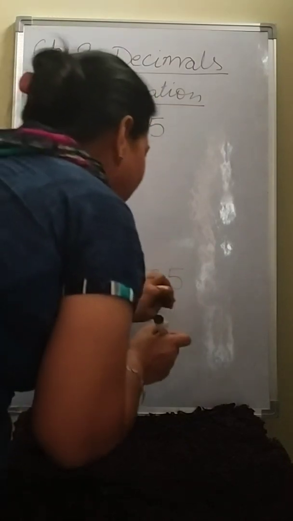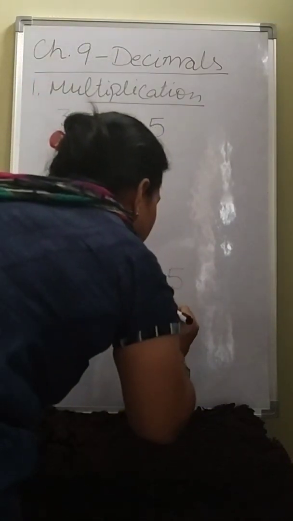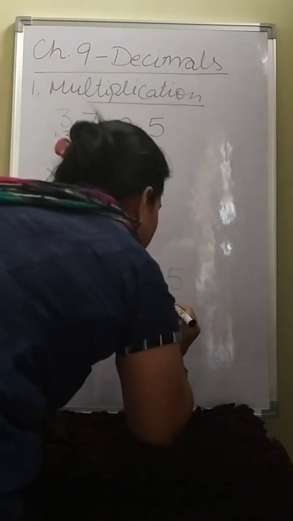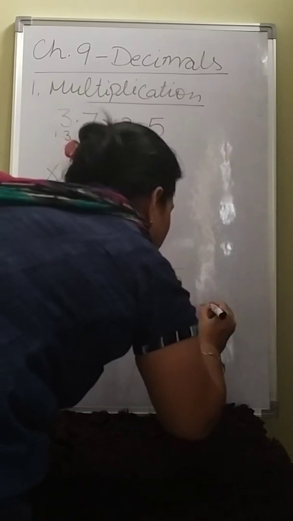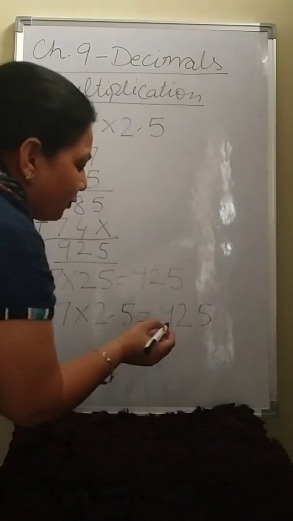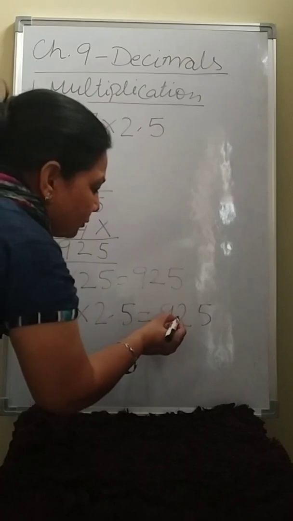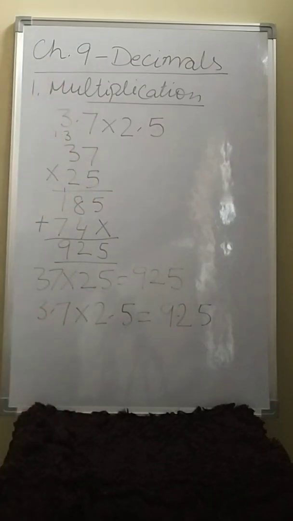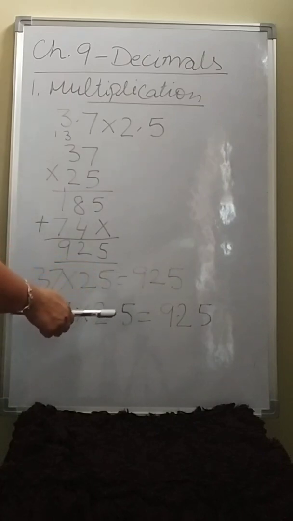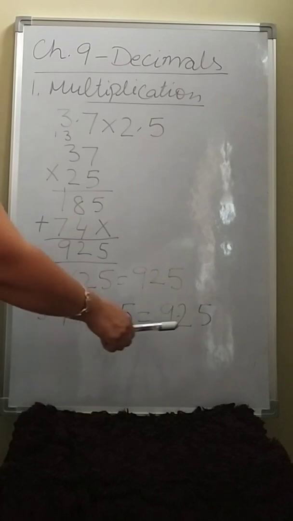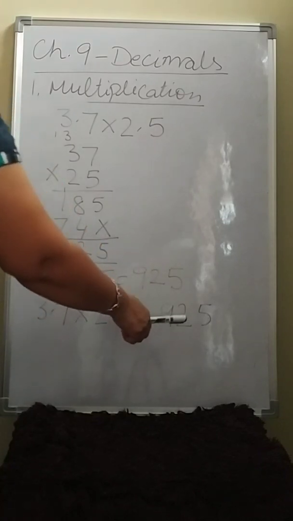You have this answer, so you will put the decimal before two digits here. Because here the decimal is before one digit, here also the decimal is before one digit, you will add these, 1 plus 1, and in the answer the decimal will be before two digits.